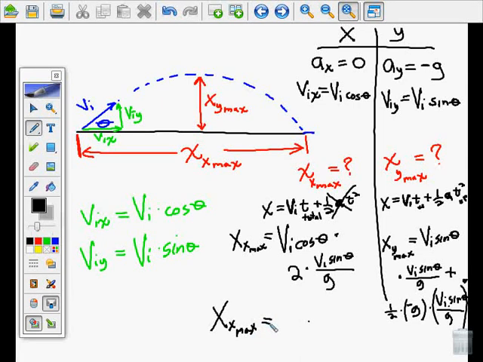Now, if we clean that up, you see we have a vi squared, and then we have 2 sine theta cosine theta. It's 2 times sine of theta times cosine theta. But there's a trig identity that says that that's equal to the sine of 2 theta. 2 sine theta cosine theta, and then that whole thing divided by g.